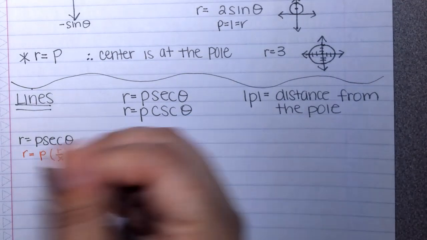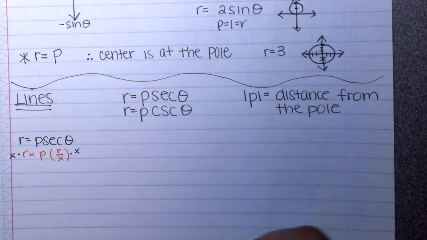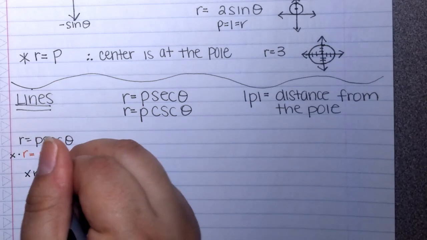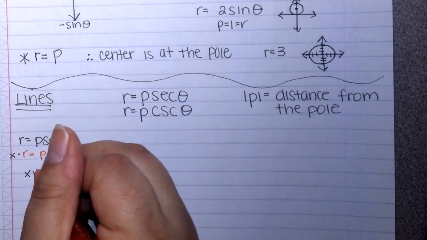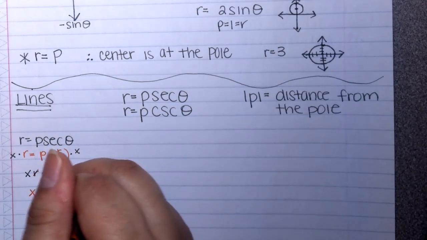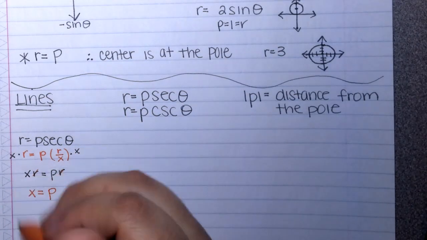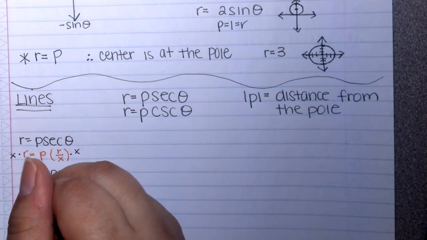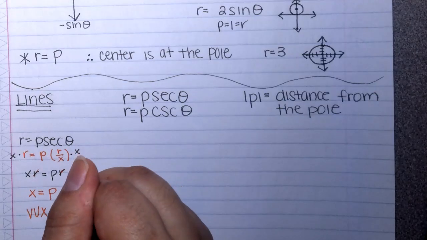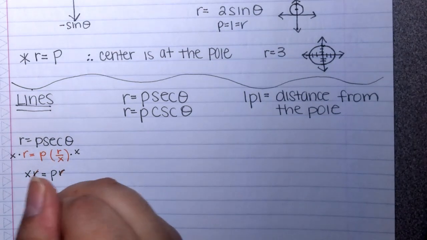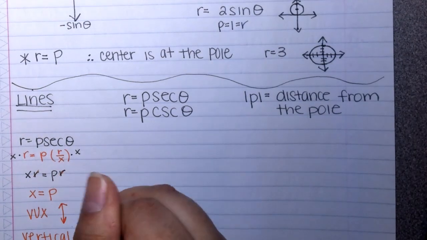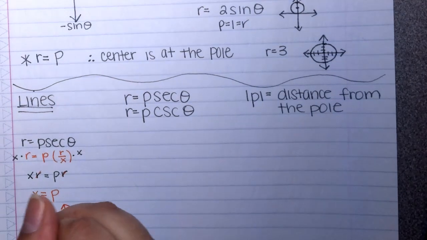If I get rid of my fraction and multiply both sides by x, I get xr equals pr. What happens? The r's cancel and x equals p. And when x equals a number, that gives us a vertical line. And we get a vertical line through the polar axis.